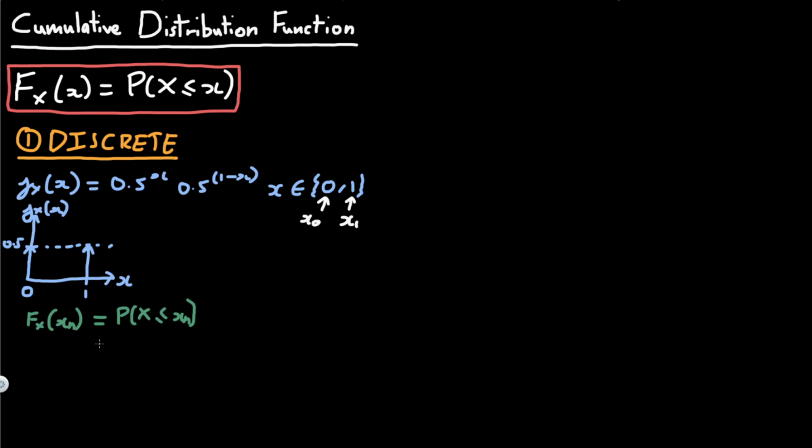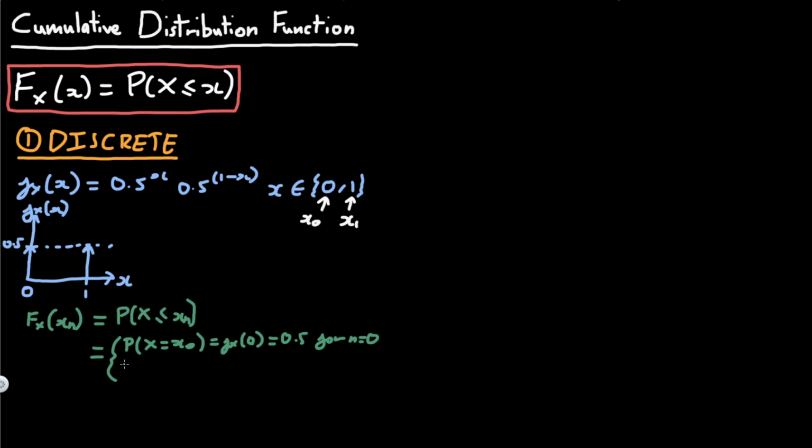So let's write this down. Initially, if n were 0, it would be the probability that x were equal to x0, which is the mass function of 0, which is a half for n is 0.